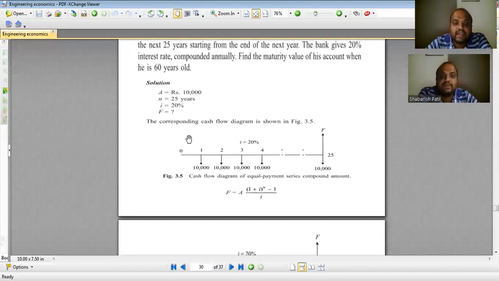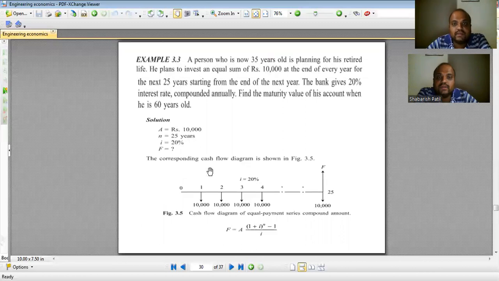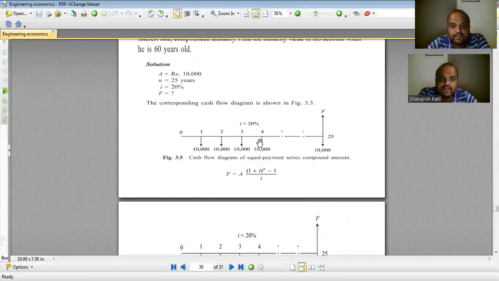So your cash flow diagram looks like this: 0, 1, 2, 3, 4, up to 25. At every month, he is paying rupees 10,000. Okay, this is always an outflow here. But what will be the future value?